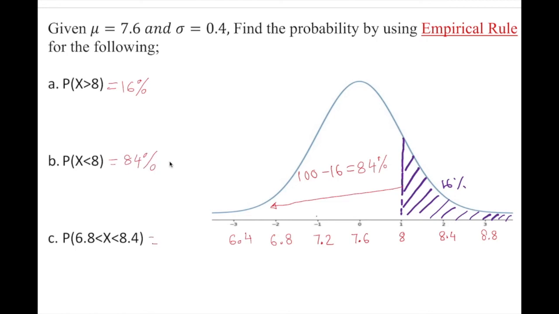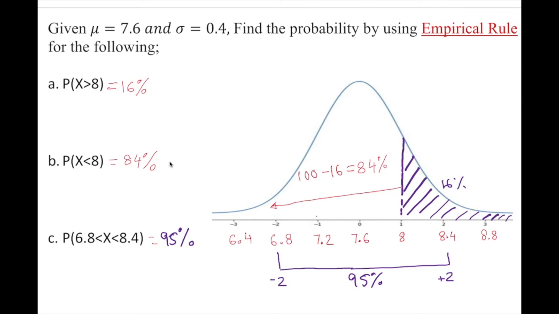How about this one? 6.8 to 8.4. Okay, so it seems like negative 2 to positive 2. So by the empirical rule, we know it's going to be 95% of the data. So that would be 95%. That's how we use this empirical rule to find the probability without going through the z-score.